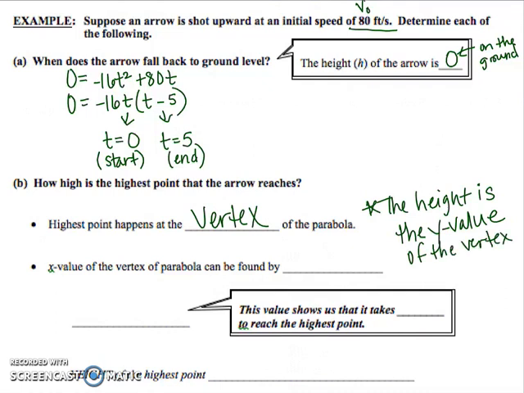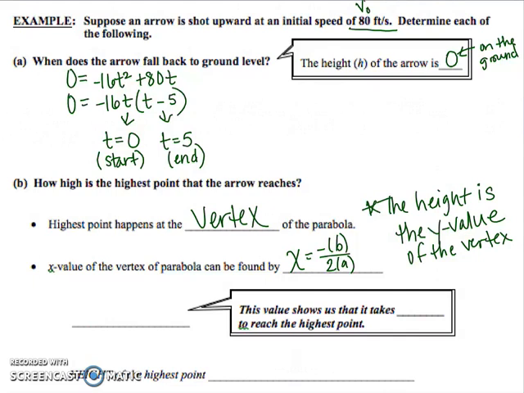The x value of the vertex can be found by the formula x equals the opposite of b over 2a. Maybe you remember that from Algebra 2. That's how you find the x coordinate of the vertex. So the highest point happens at the vertex, the height is the y value, and the x value can be found by the opposite of b over 2a.